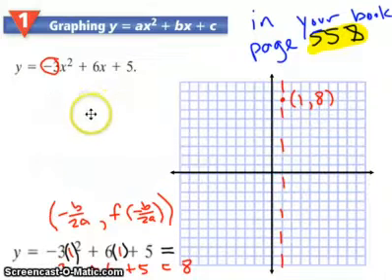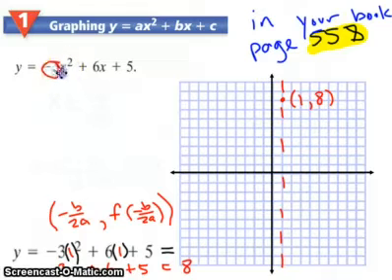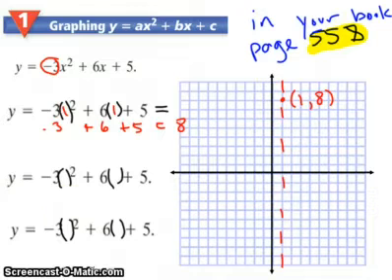So that gives us most of the picture. The rest of the picture is filled out by this -3. And that -3 tells us it goes down, but we need to fill it out, so we need to find some more values. We need to determine what happens at other values nearby this line of symmetry.